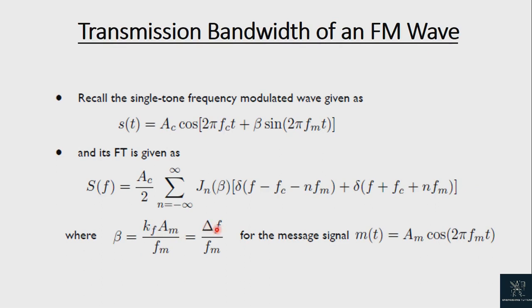So beta is equal to delta f upon f_m for the message signal m(t) is equal to A_m cos 2 pi f_m t.